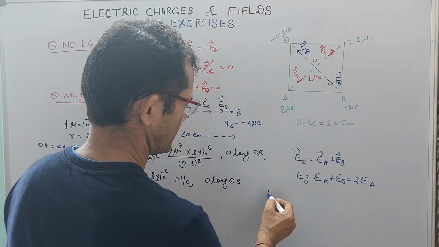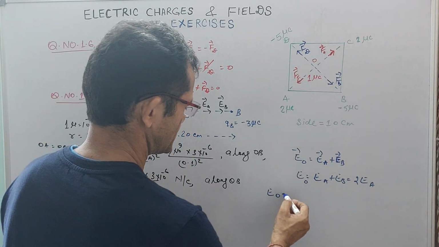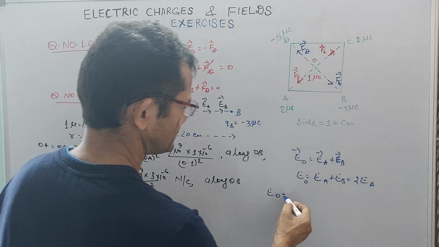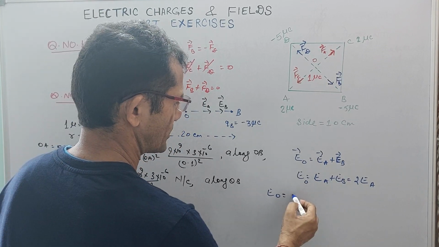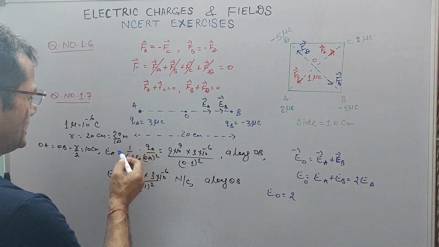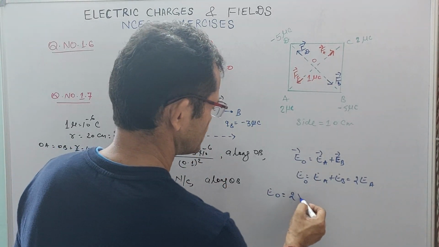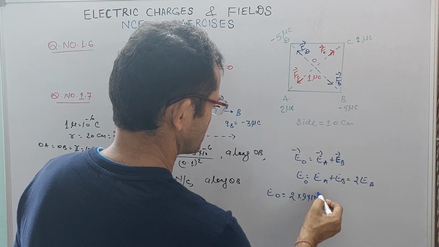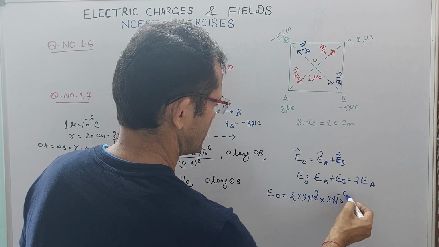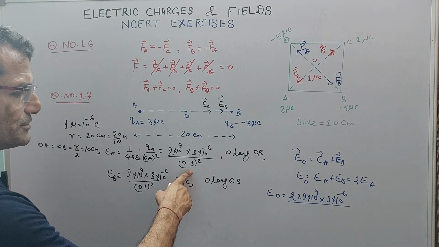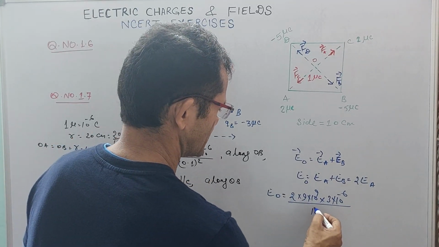Now the electric field at the point O is 2 times 9 into 10 raised to the power 9 into 3 into 10 raised to the power minus 6, divided by 0.1 squared, which is 10 raised to the power minus 2.